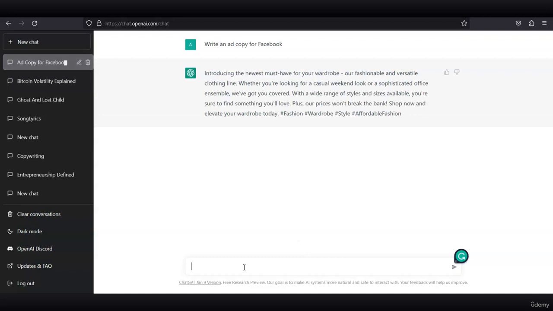So I asked ChatGPT to write an ad copy for Facebook. This was a generic request, so I didn't mention the company name or what we were selling. I just wrote that I need an ad copy for Facebook. ChatGPT said the following: Introducing the newest must-have for your wardrobe, our fashionable and versatile clothing line.